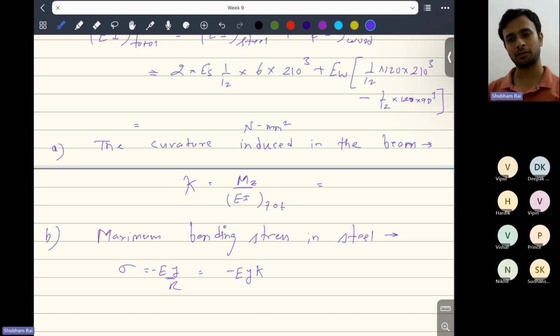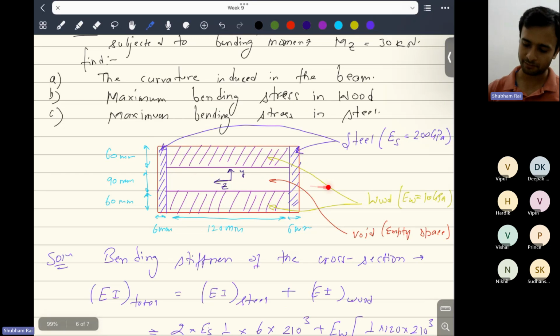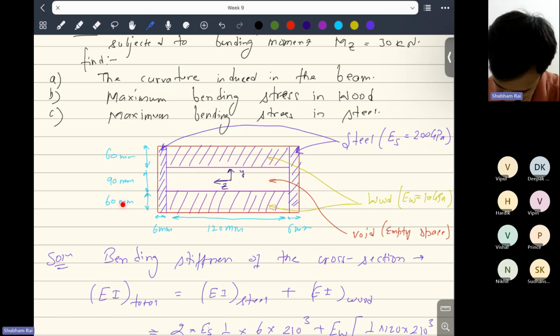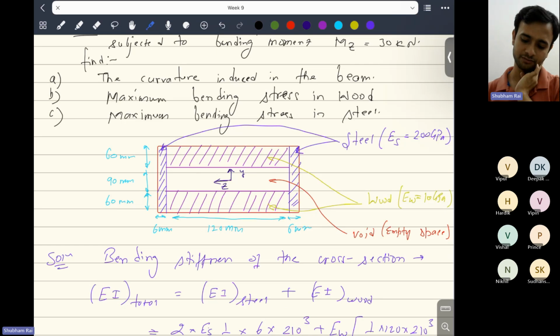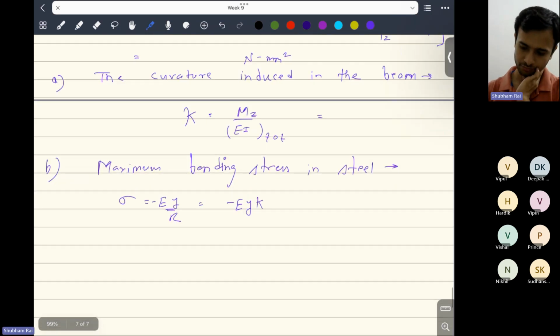So maximum will be at y equal to minus h by 2. Total height is h. It will be at 105, right? So 60 plus 45, so it will be minus 105 in mm.